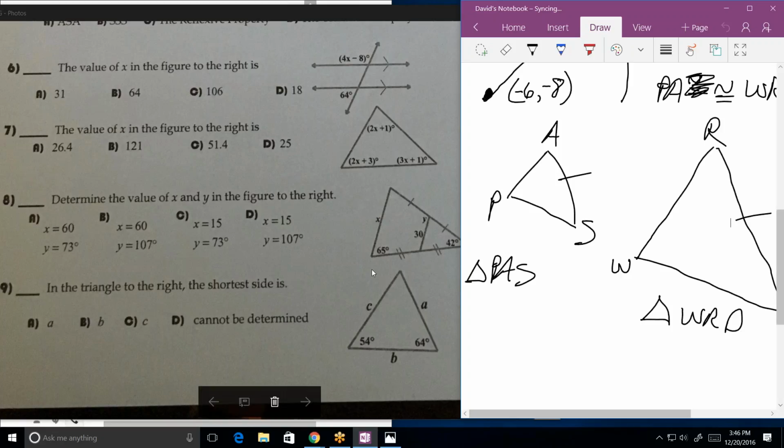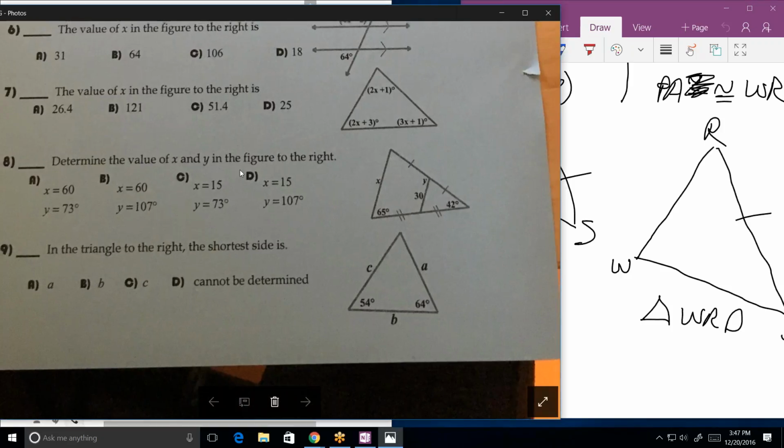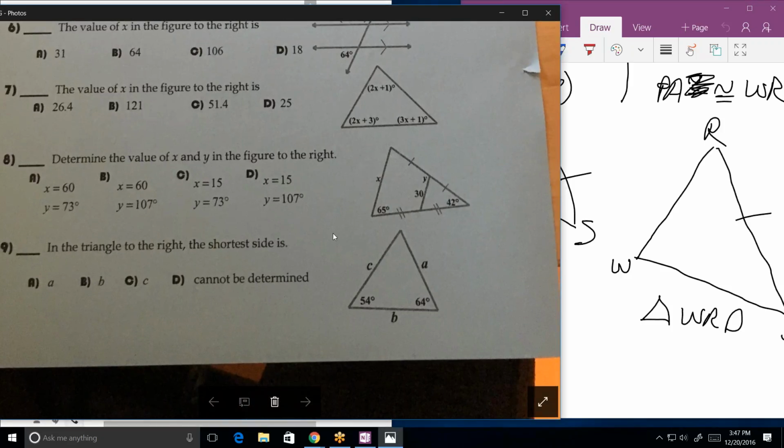And the equation on number 7. 2x plus 1 plus 2x plus 3 plus 3x plus 1 equals 180. Good. Number 8. You want us to determine the x and y values.